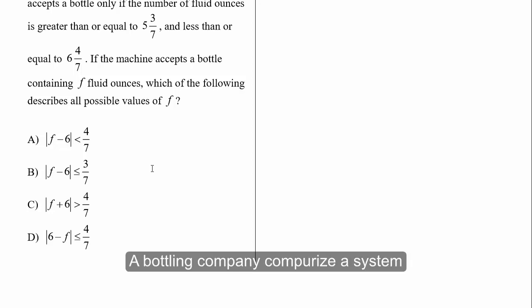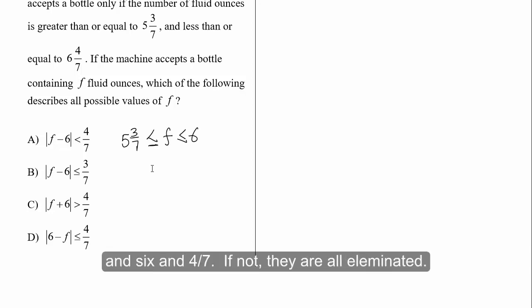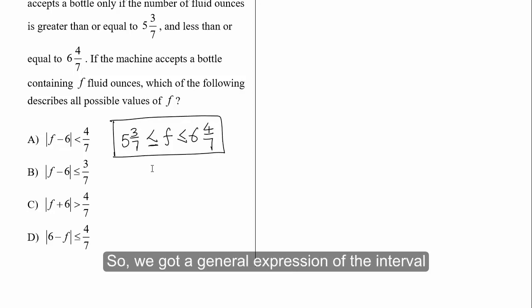So take a look at number 2. A borrowing company's computerized system accepts a borrower between 5 3/7 and 6 4/7. If not, they will be eliminated. So we got the general expression of the interval.